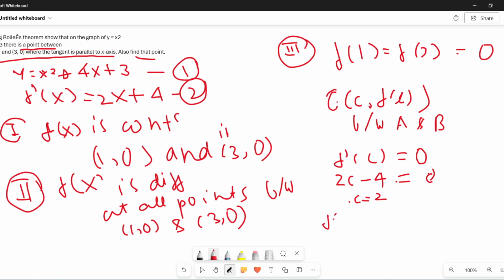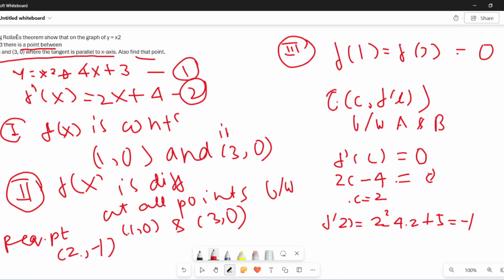Let me find f(2): f(2) = 2² - 4 × 2 + 3 = -1. So the required point is (2, -1).